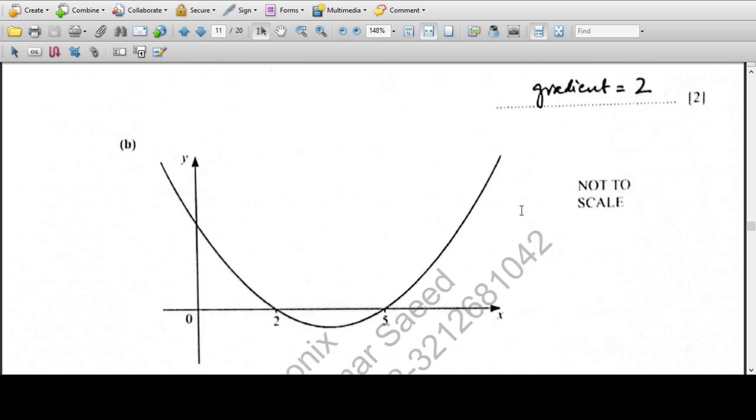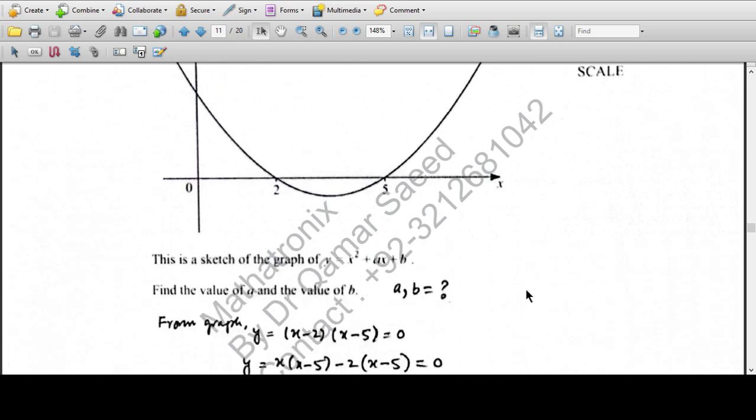In the B part, we have been given this graph of y and x. It crosses at point 2 and point 5, and this is a parabolic graph. So we can write the sketch of the graph as y is equal to x square plus ax plus b.